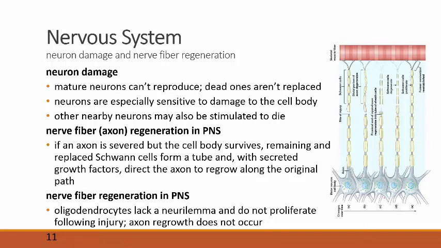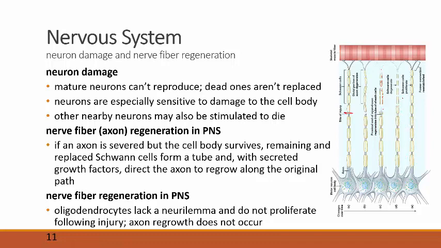It works just as well on its side, but here we see the site of injury, and everything that is distal to that site of injury will degenerate, but the Schwann cells may survive, and if they do, they can secrete growth factors that will call the axon to regenerate and begin to grow through the tube that the Schwann cells make.